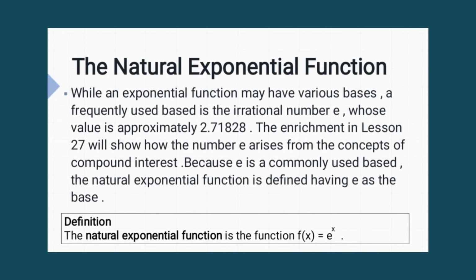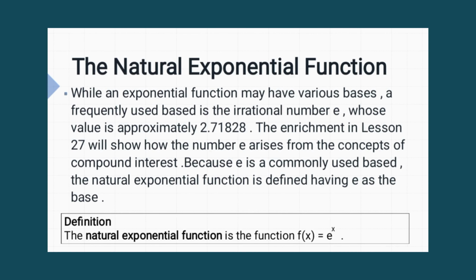Okay, so next. This is the last lesson outline in lesson 12, the natural exponential function. While an exponential function may have various bases, a frequently used base is the irrational number e, whose value is approximately 2.71828.